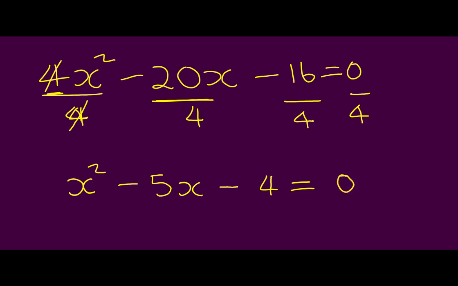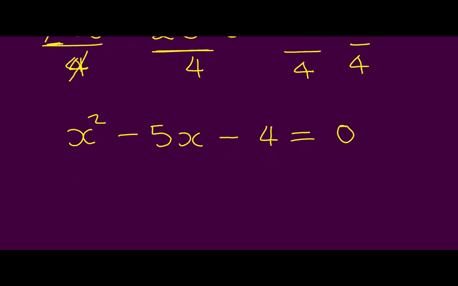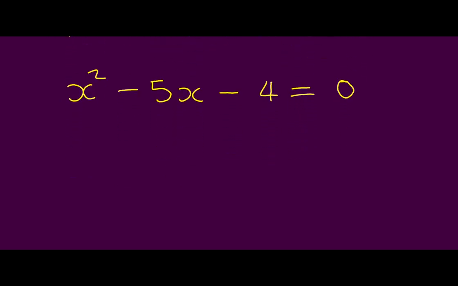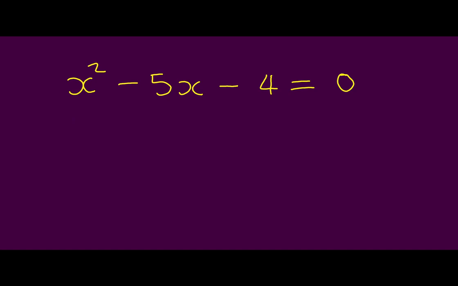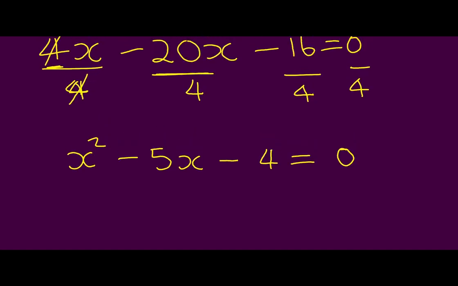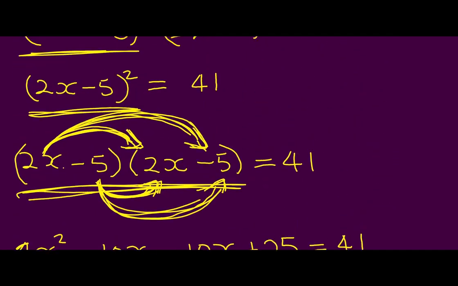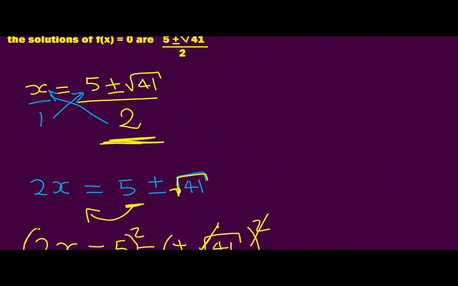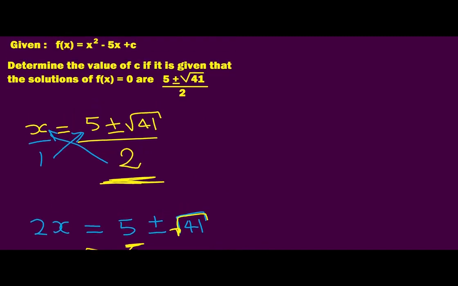Yes. So then the next step is quite interesting. We're going to go back to the original question. I hope it's together. We're going to go back to the original equation. The original equation said determine the value of c, right?